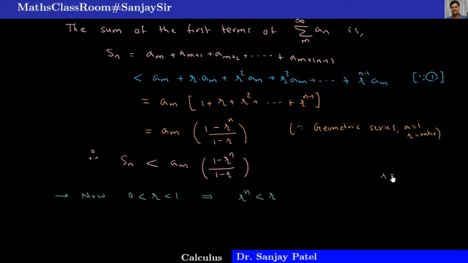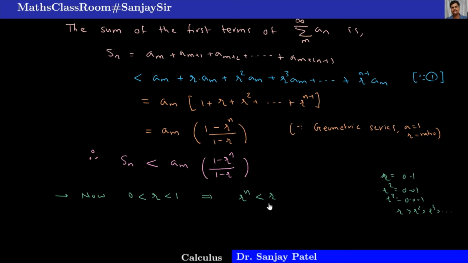Suppose you take any number, say r equal to 0.1, between 0 and 1, and if you find r square, it is 0.01, then r cube, it is 0.001, and so on. So r is greater than r square, greater than r cube, and so on. So if you keep on taking the power of r, which lies between 0 and 1, the value of the number becomes smaller.